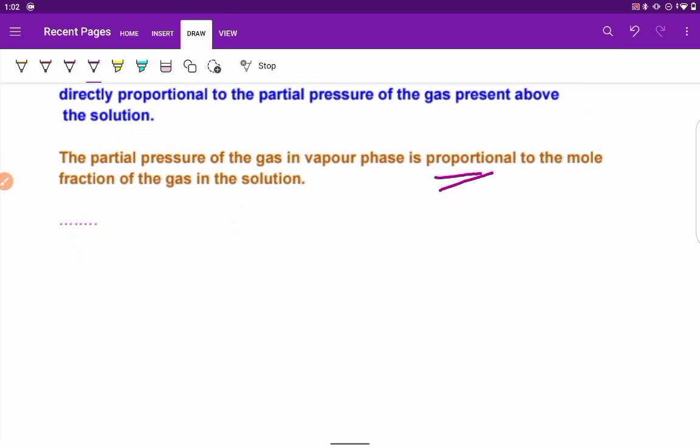So Henry's law is also stated in this way, and it can also be expressed mathematically as P = KH x. Here P is the partial pressure of the gas in vapor phase, x is the mole fraction of the gas in the solution, and KH is the Henry's law constant.